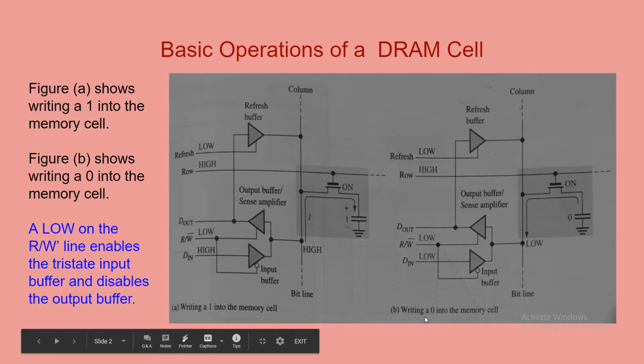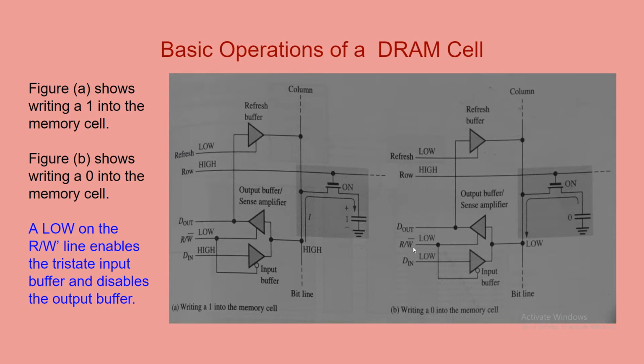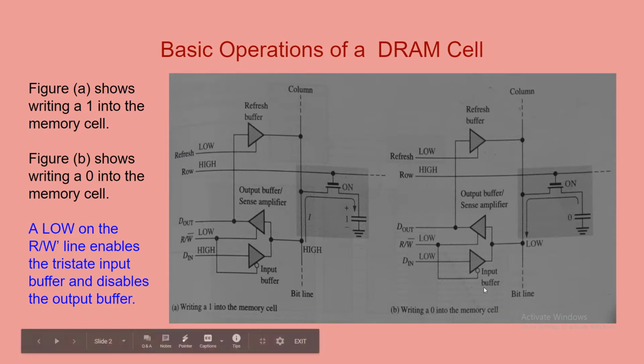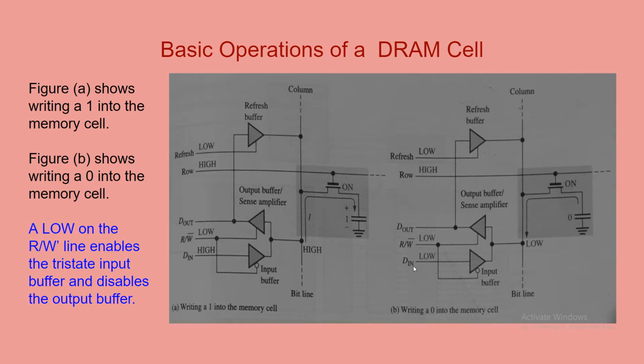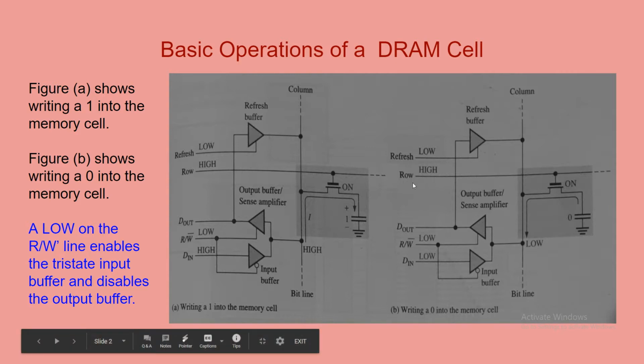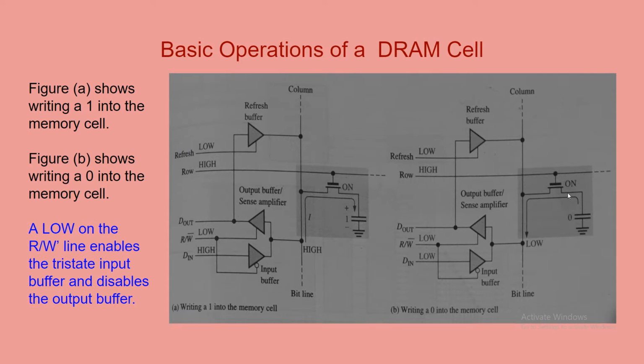Figure B shows writing a 0 into the memory cell. Here also the read-write input is low, which enables this input buffer, and here the DIN input is low because we are writing a 0 into the cell. Low on DIN is connected to the bit line with the help of the input buffer, and the row line should be high, which enables this transistor.